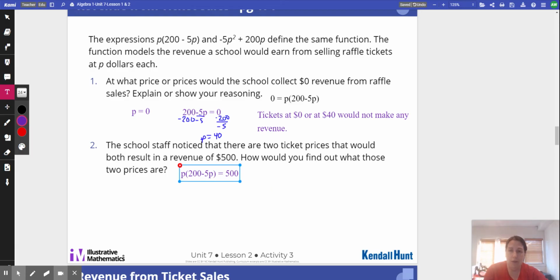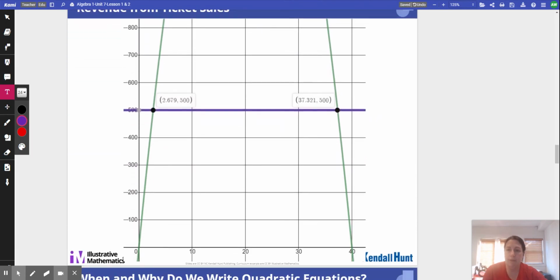If you use Desmos to graph this, you'll see these two points are when they would make $500. So it'd be about $2.70 or $37.32.